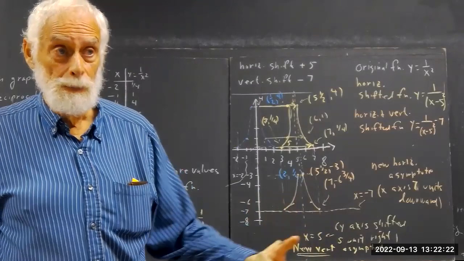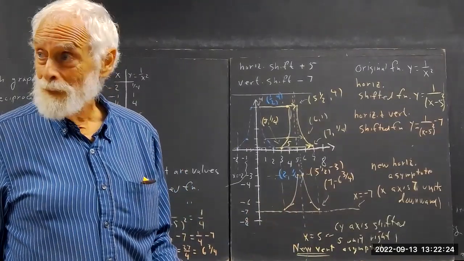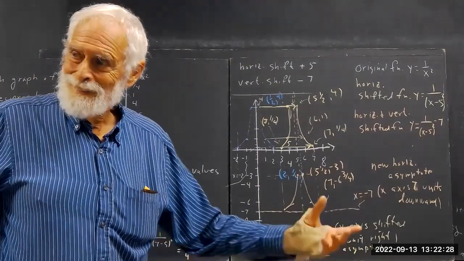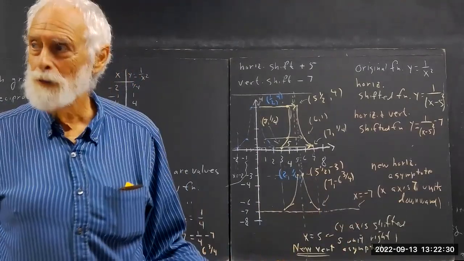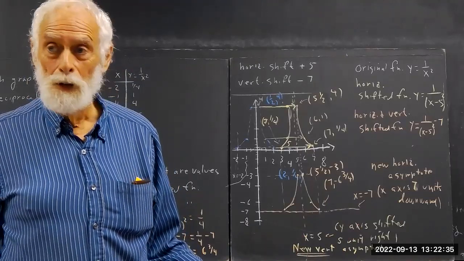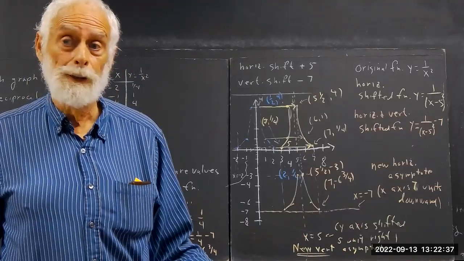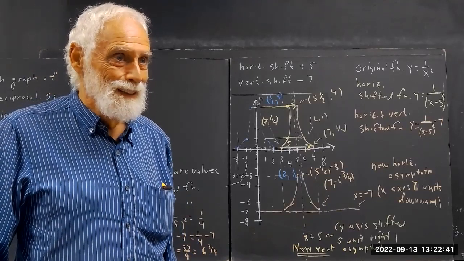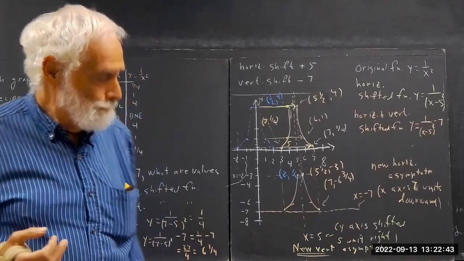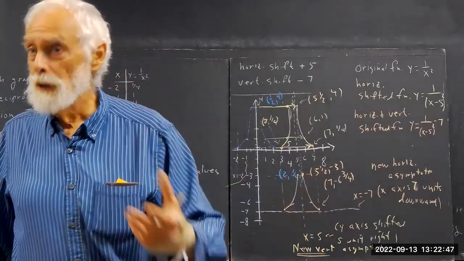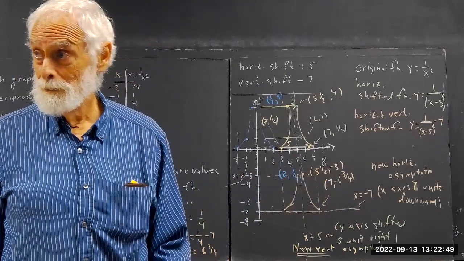Everything becomes simple and straightforward, no matter how complicated it looks in your textbook, because they don't assume that you understand transformations. They know that most people are going to come out of pre-calculus not understanding it, so they can't do it the easy way. So it's one of the ways we build new functions out of our toolkit functions.